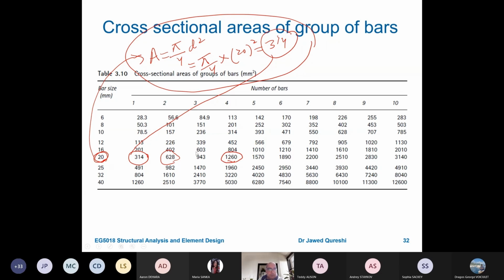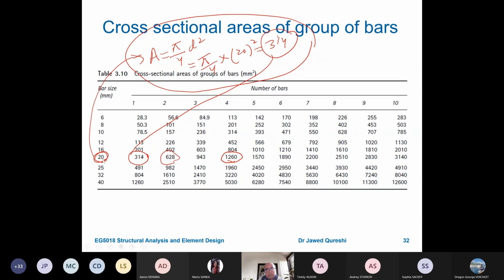We try to avoid using more and more different bars because these are the common bars. So 20, 16, 12, these are common bars, and even up to 25. 32 and 40 are not very common bars. So check again local requirements to see if they are available. So this is how you come up with the sizes.